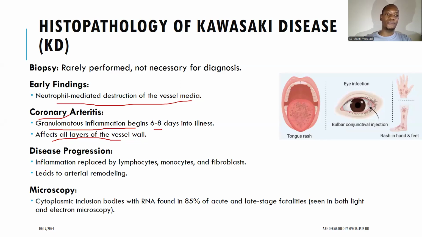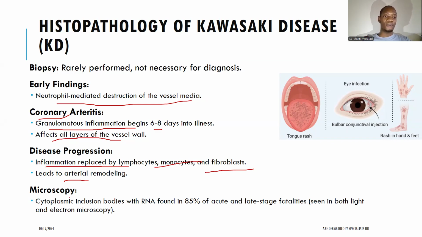And during this progression, the inflammation of these blood vessels is usually replaced from neutrophil-based to lymphocytes and monocytes, and then you have fibroblasts, which will end up giving you the remodeling, the fibrosis, and then you end up with kinking of blood vessels, or sometimes strictures or vascular stenosis and the rest, because of the remodeling mediated by the fibroblasts.